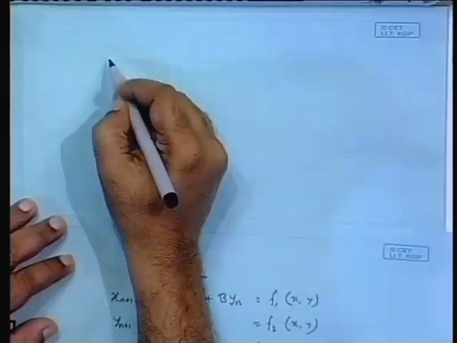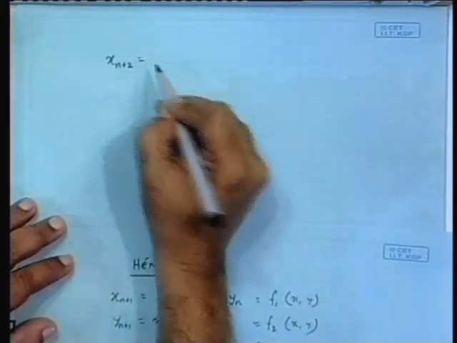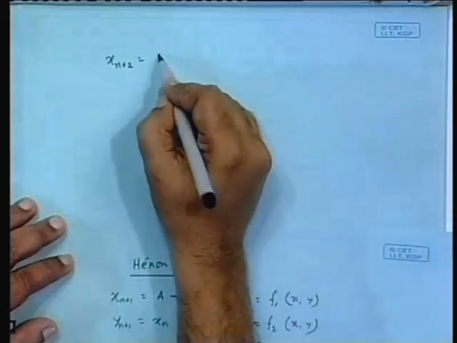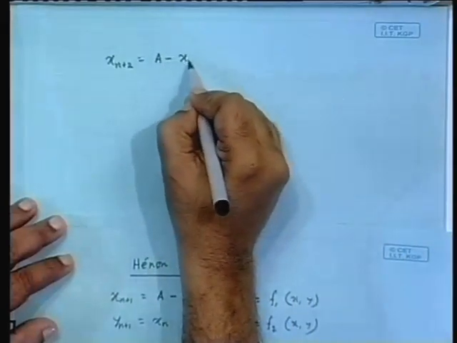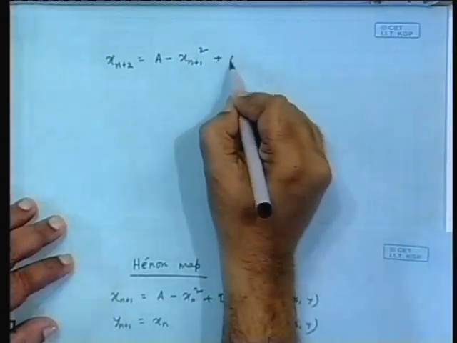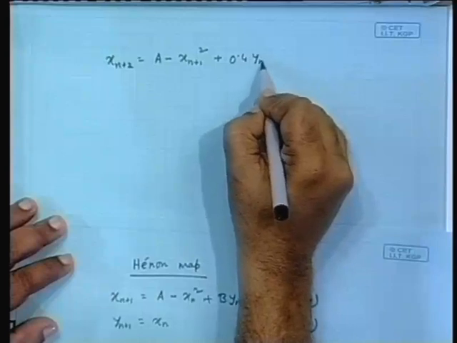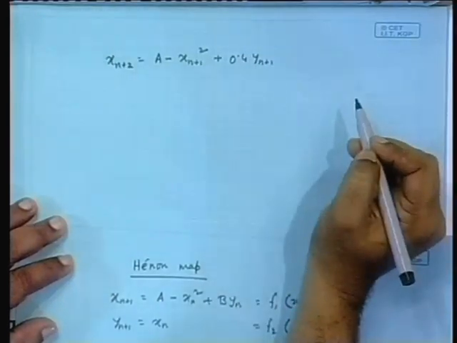So, all you need to do is to find the second iterate of the map, which would be obtained this way: x n plus 2 is equal to a minus x n plus 1 whole square plus 0.4 y n plus 1, right.